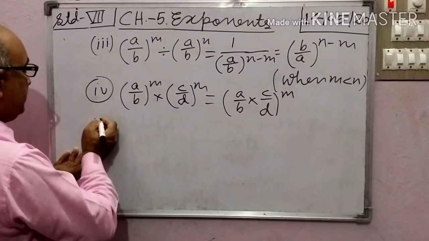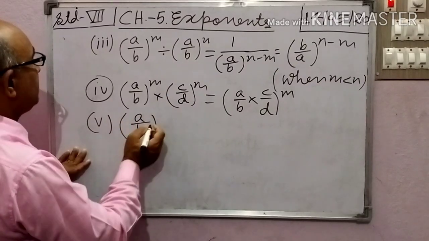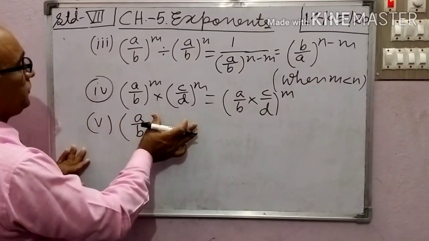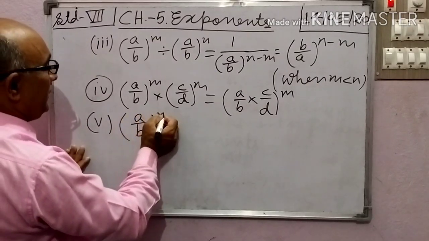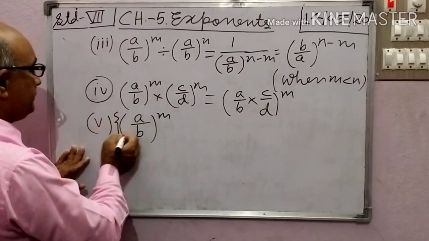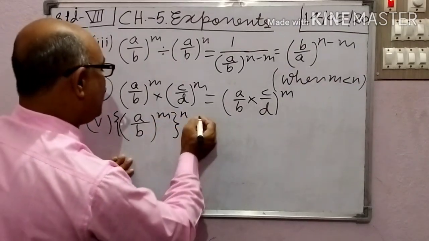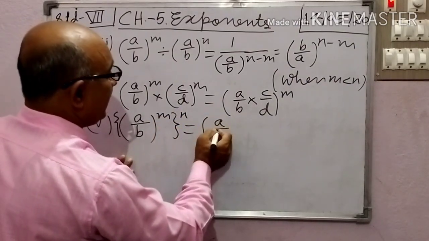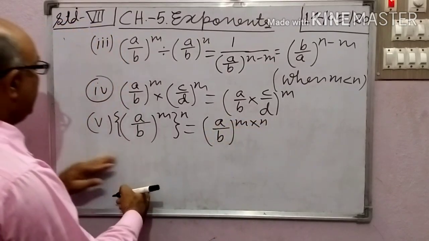Law number 5: (a/b) to the power m, whole power n, equals (a/b) to the power m into n.